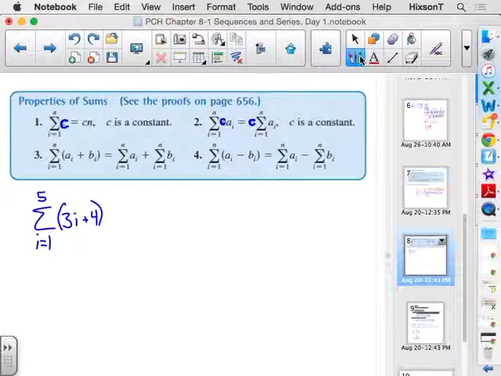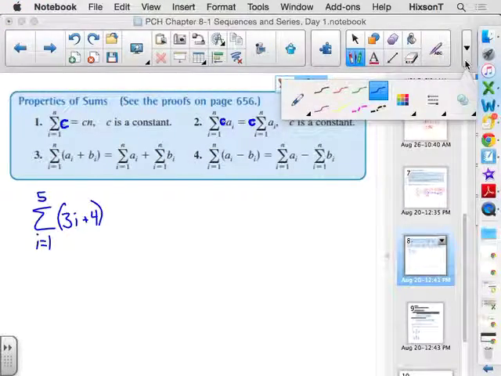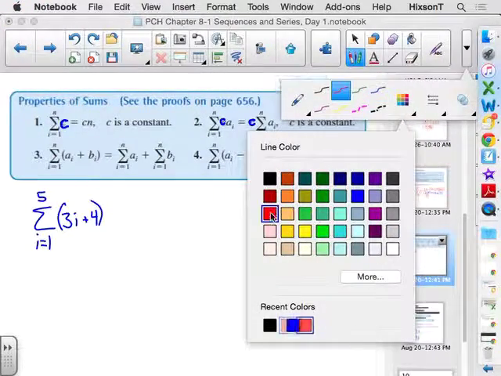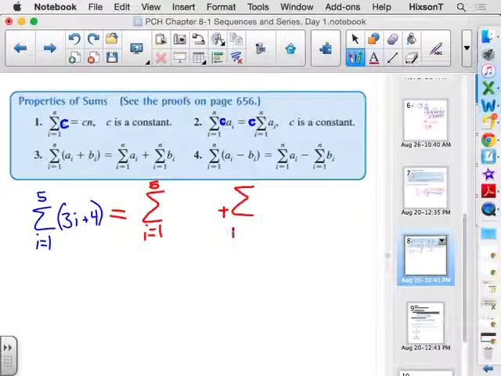I could rewrite this as two things in separate sums. So I could have the sum from i equals 1 to 5, and then plus another sum from i equals 1 to 5.